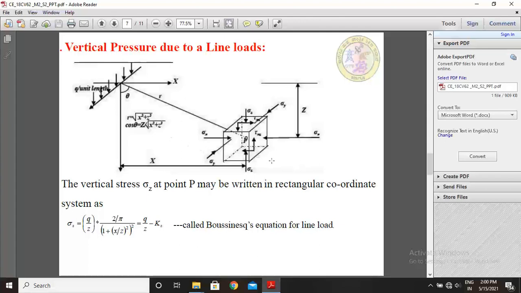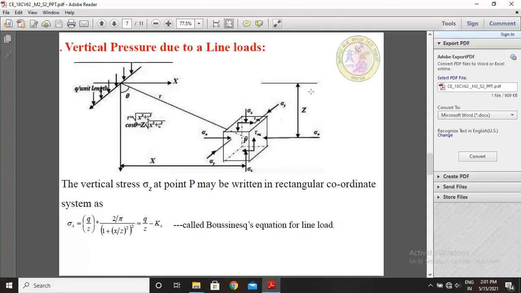Same concept is here. And see here, this is one soil elemental area, in a three-dimensional figure. See, these are the sigma x in horizontal direction, and this is sigma z acting in vertical direction, and this stress is acting in the third direction, that is y.